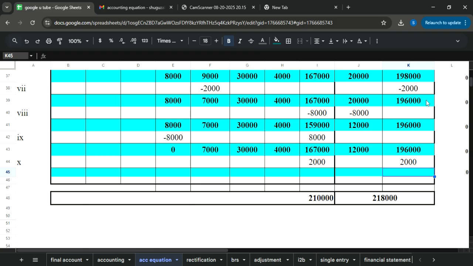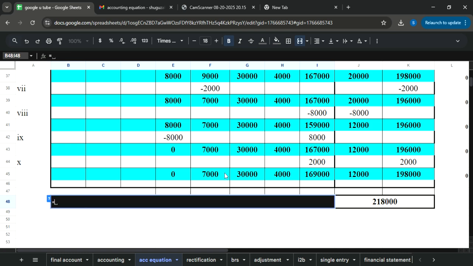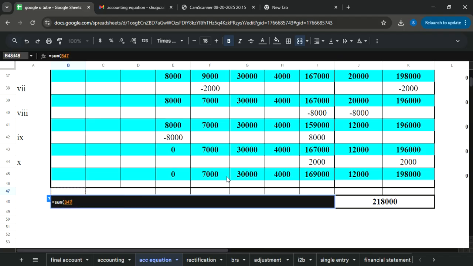After which we will take the sum of all the columns. After taking the sum, we will be taking the sum of all the sides. So first we will take the sum of all assets.